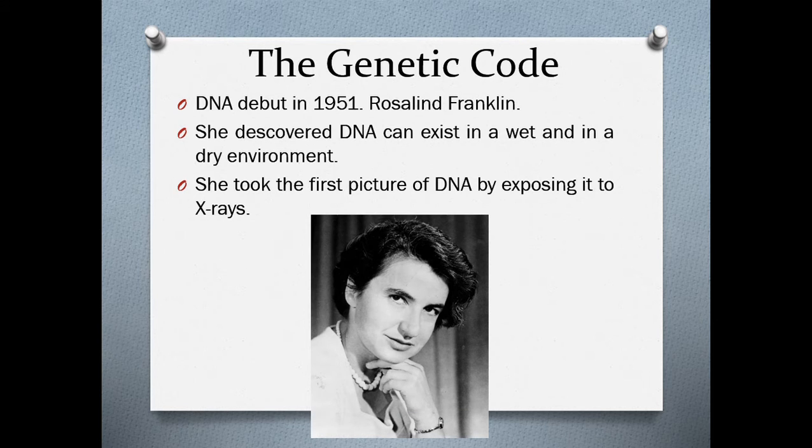So this is a picture of Rosalind Franklin, and her discoveries were impressive to all of the scientists in 1951, because once she started exposing DNA material to X-rays, she noticed that DNA had a structure that reminded scientists of a letter X. So later on, they started studying a little bit more about it, and they discovered that it was a double helix.